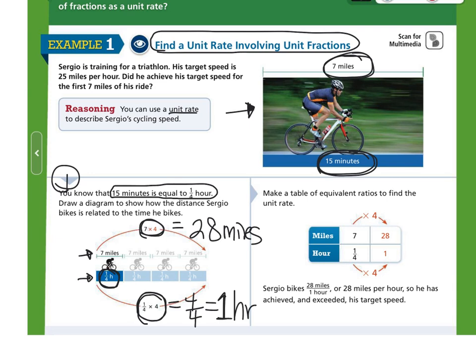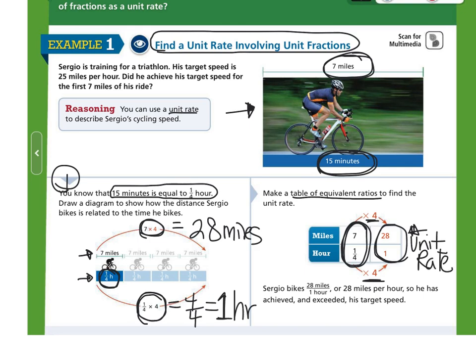So you can also see over here on the table of equivalent ratios that you're doing the same thing. So here is our initial speed. He traveled 7 miles in a quarter of an hour, and you're multiplying both parts of that rate by 4 in order to see how far he goes in 1 hour. So this piece right here that says 28 miles in 1 hour is your unit rate.